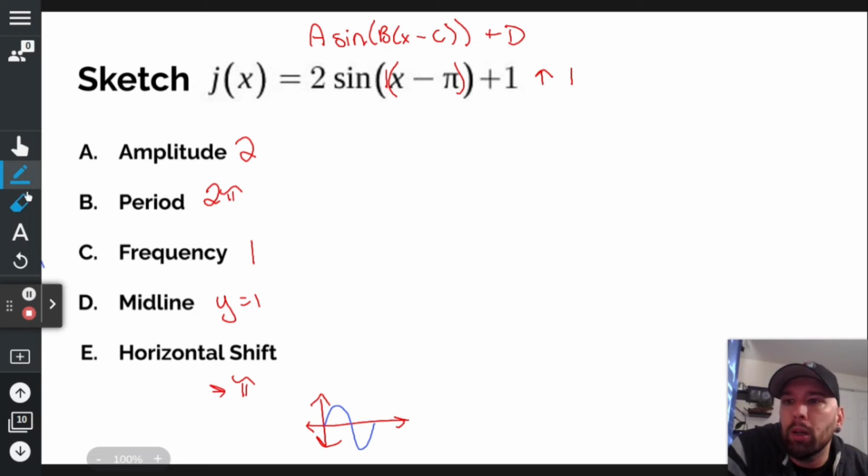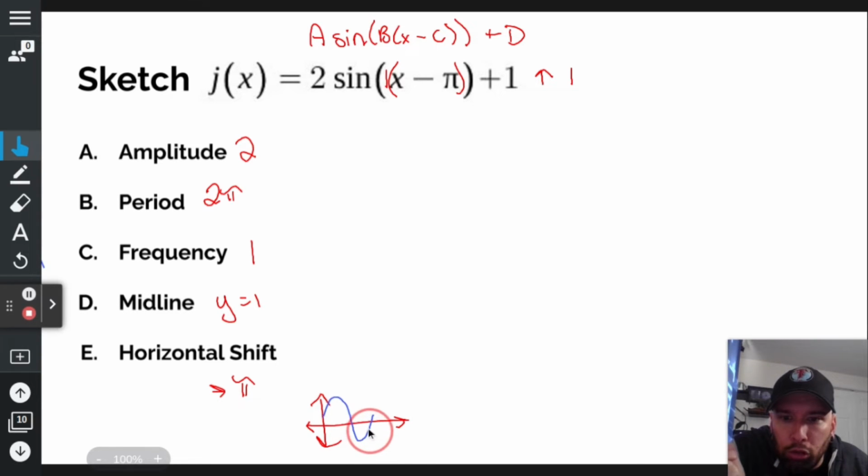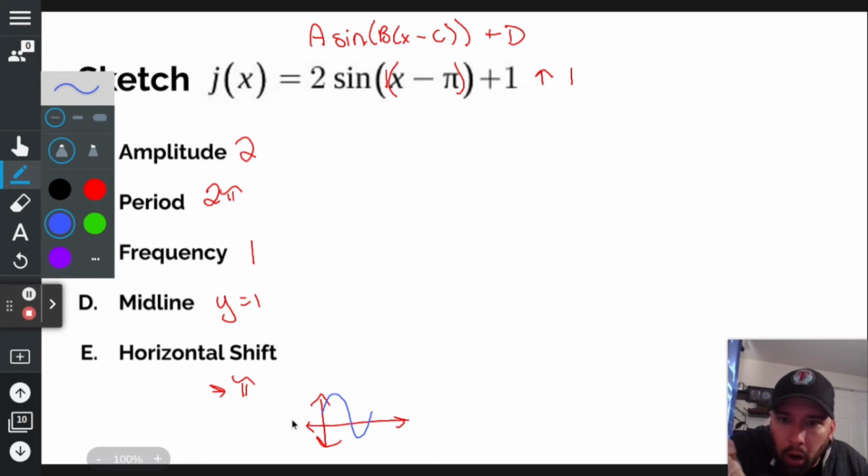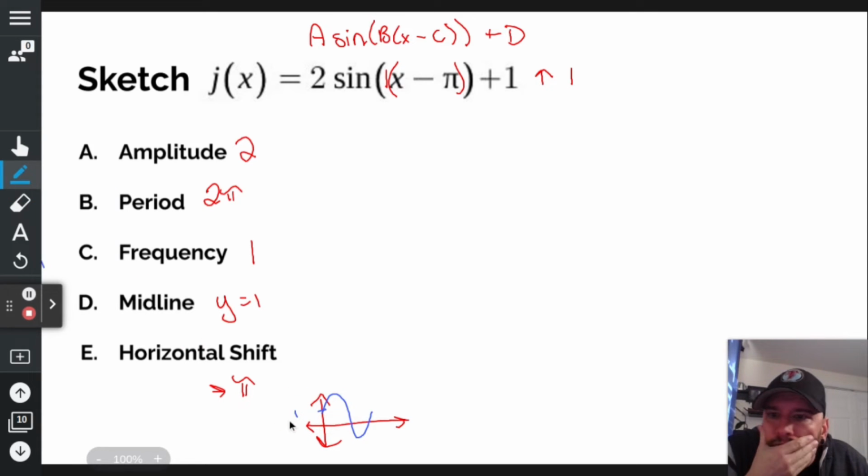The amplitude is 2, but I'm not going to worry about that yet. The period is 2 pi, I'm not going to worry about that yet. The midline is y equals 1, so I'm going to scooch this up 1. The amplitude is 2, which tells me that this peaks out at 3 and bottoms out at -1.